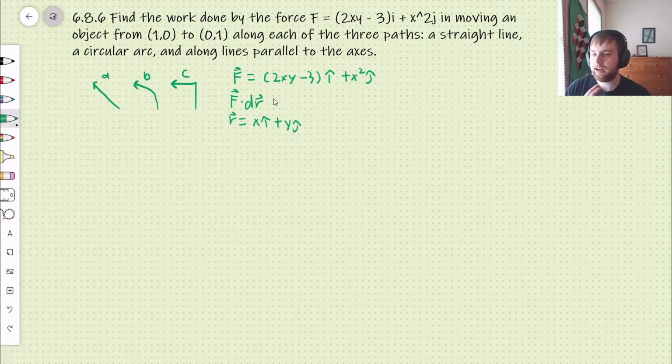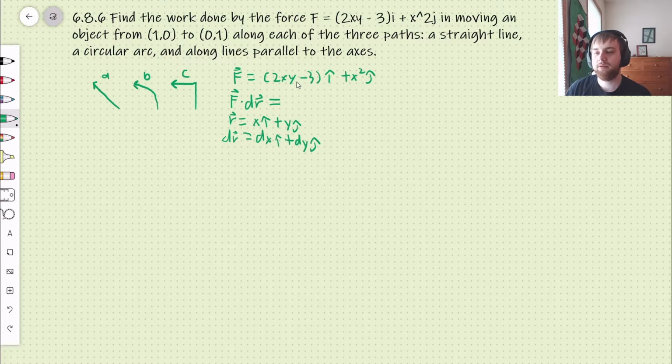So if we dot these two vectors, we multiply these two together. Oh yeah, dr. Remember, it's dr, not r. So dr is dx plus dy.